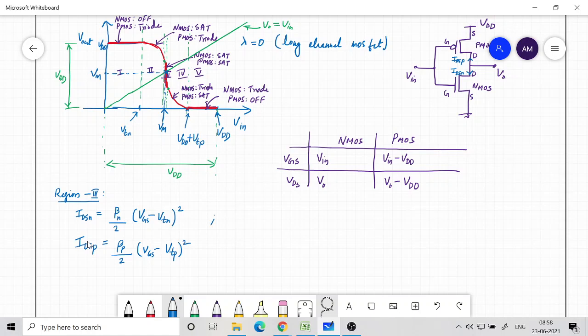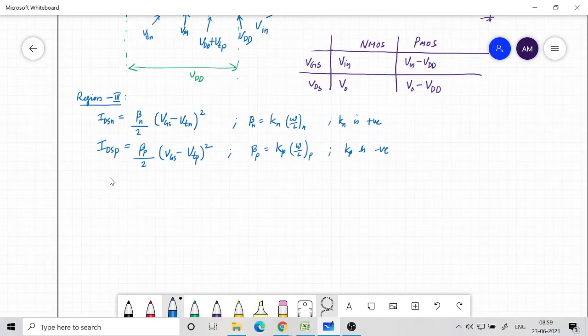Beta N is Kn into W by L of the NMOS, and similarly beta P is Kp into W by L of the PMOS. Kn is positive, whereas Kp is negative.